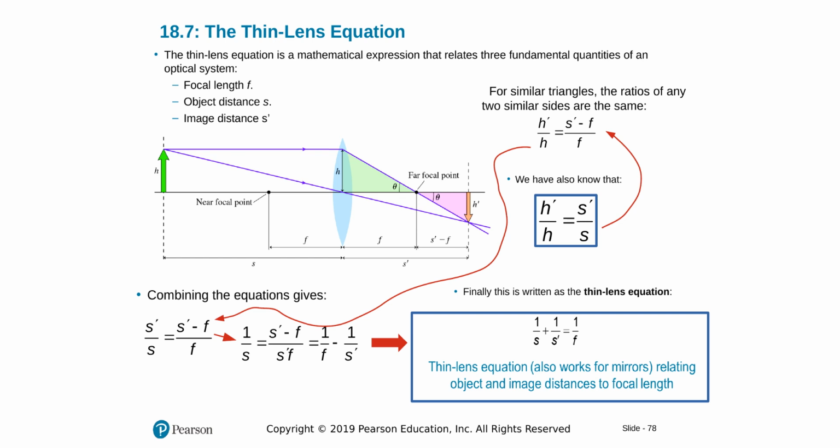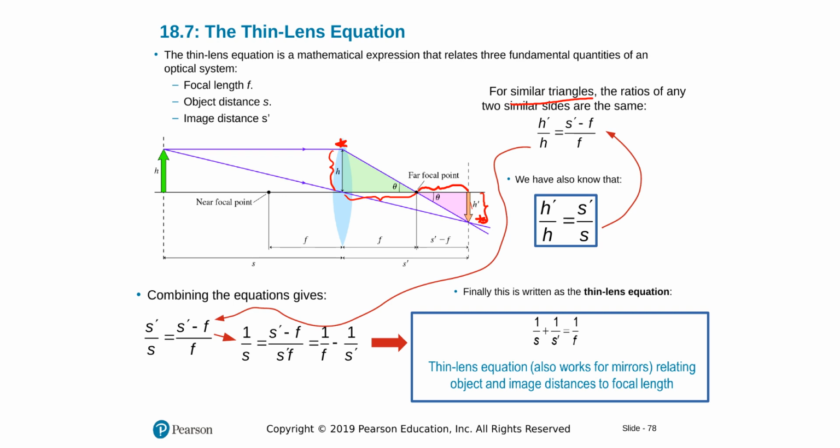Using ray tracing, we can send two rays and we find these two triangles here, and they are similar triangles. If we have similar triangles, similar sides' ratios are equal to each other. So this pink triangle is similar to the green triangle, and we can use this side H prime over H is equal to this side of the small triangle over that, from similarity of triangles.